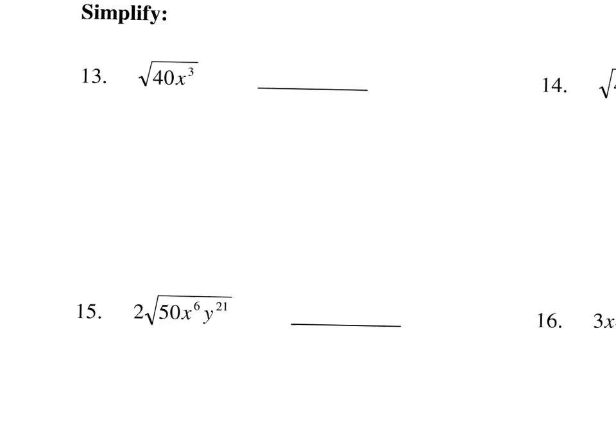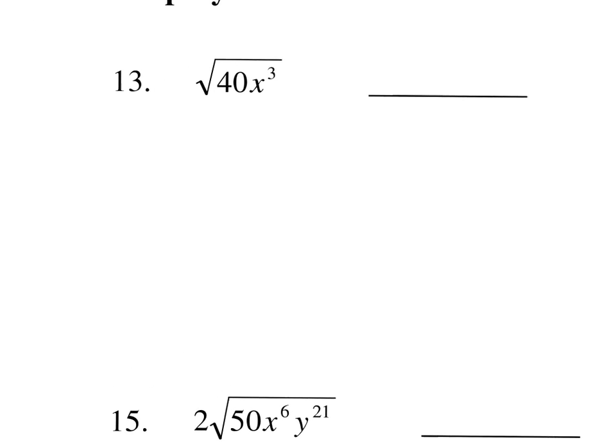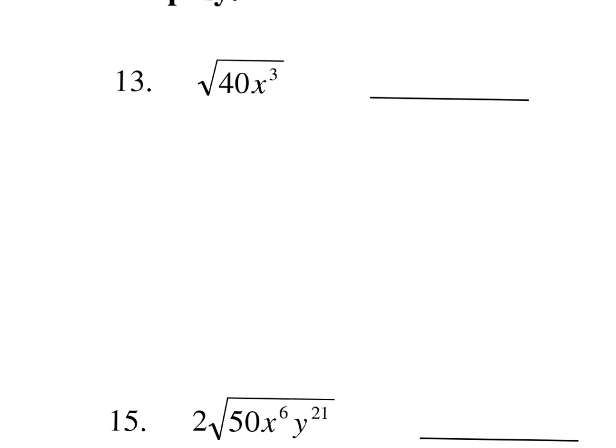All right, number 13, we're going to be doing the same thing, except now we've got coefficients and variables mixed together. So again, we're going to start with the perfects and the not perfects. We're just going to look at the coefficient first, then we'll look at the variable separately. So for 40, do we have a perfect square factor? Yes, we do. We have 4. 4 times what? 4 times 10 is 40.